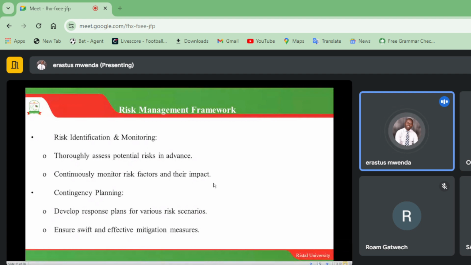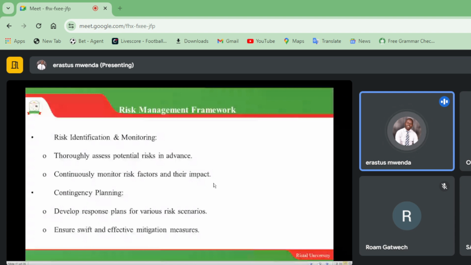Do you have a plan B, or what is likely to happen? So it's saying, come up with a response plan that is going to help you maneuver in whatever risk scenario might occur. And then the other one is to ensure swift and effective mitigation measures. So you need to be very fast.